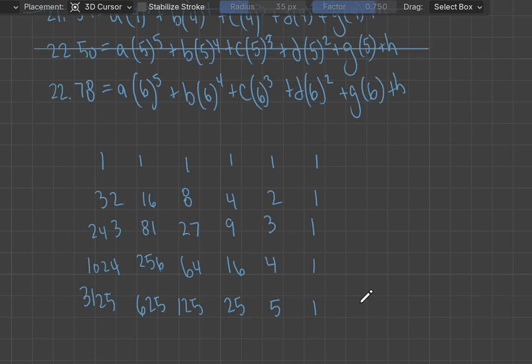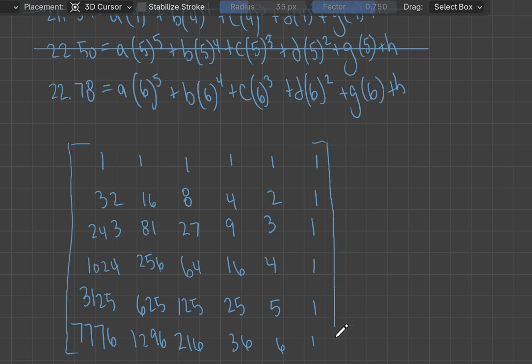And for the final row, we have 1, 6, 36, 216, 1296, and 7776.